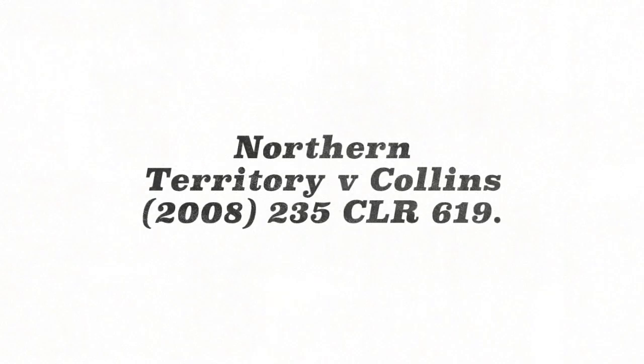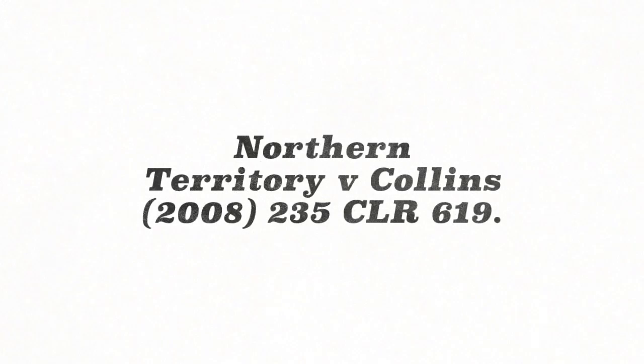The case of Northern Territory and Collins, reported in the Commonwealth Law Reports in 2008, provides further discussion on Section 117 by the High Court of Australia. Mr. and Mrs. Collins were patent holders for a method of producing essential oils from cypress pines.